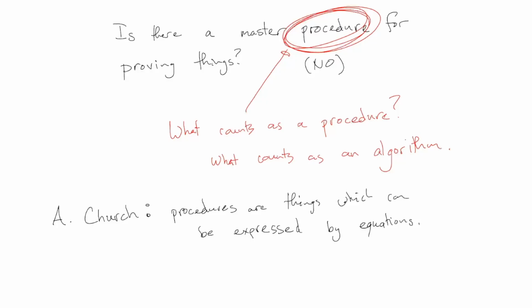Now, not every equation is well formed, so Church actually created a very specific theory of what kinds of equations he was talking about, and this led to a body of ideas that we now refer to as the lambda calculus. The lambda calculus is still kind of important, a big deal.